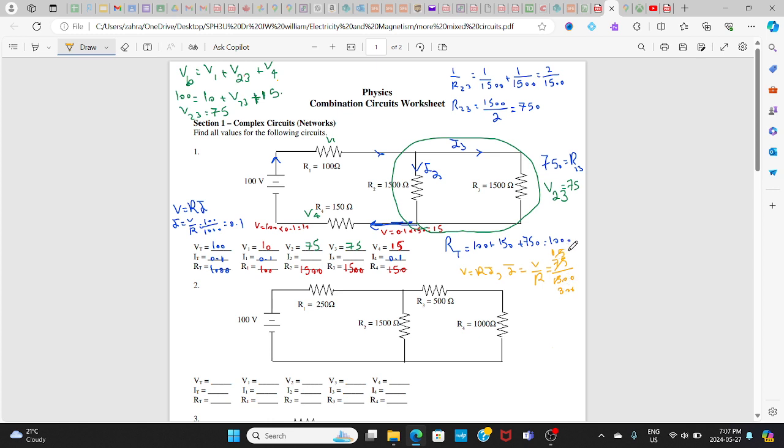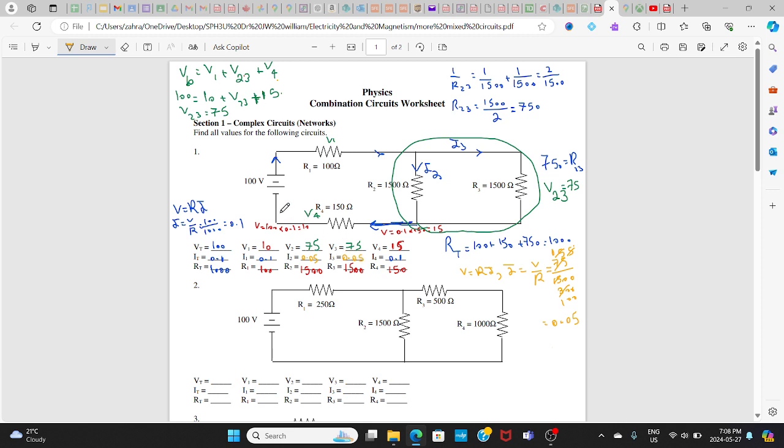Divided by 3 is 5 over 100. Divided by 5 is 1 over 20. Actually, let's just do that. It's going to be 0.05, okay? Makes sense? 0.05. That would be the same thing here.